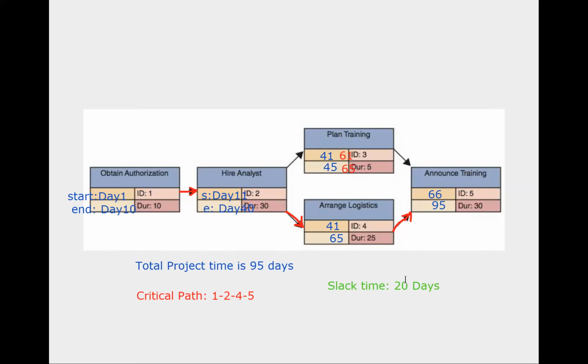So we can say slack time is 20 days. So whenever we say slack time, it means without affecting your total project time, we can delay a particular task. And that time is known as slack time. Okay, good. I think we are good.